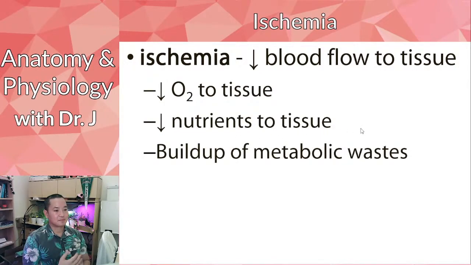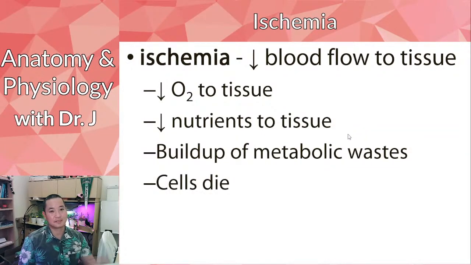And the thing is that with this decreased blood flow, you're not only preventing the good stuff from getting to your tissues, but you're also preventing the waste products of your tissues' activities from being carried away. So this is why ischemia is bad news, because again, you're not getting the good stuff, but you're building up the bad stuff.